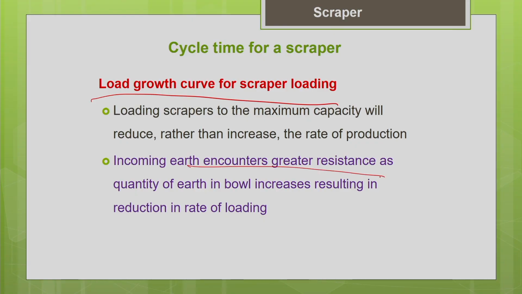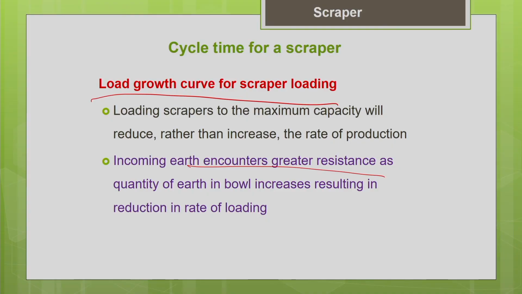Why? Because the incoming earth encounters resistance from the material already lying inside the bowl. That material starts offering resistance to the incoming material when the bowl is almost 80-85% filled. Because of that, the loading rate starts reducing. They call this the law of diminishing returns. That is what is written in this slide.